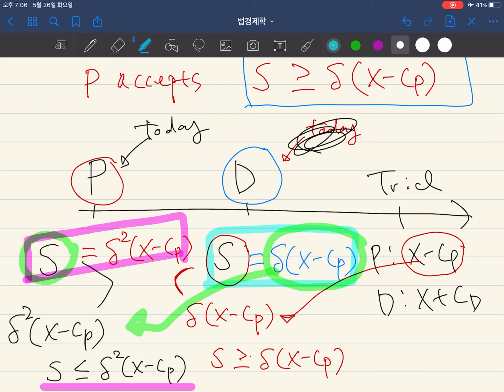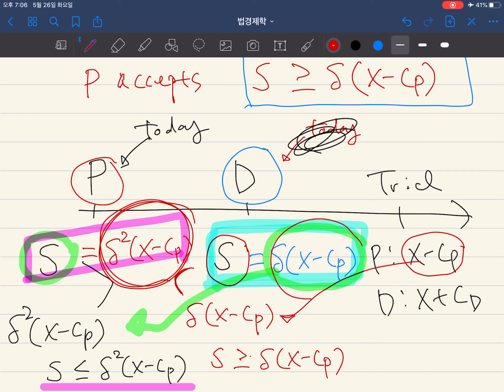But if you calculate the present value of tomorrow's settlement amount, they are exactly the same. So plaintiff is indifferent between settlement today and tomorrow.